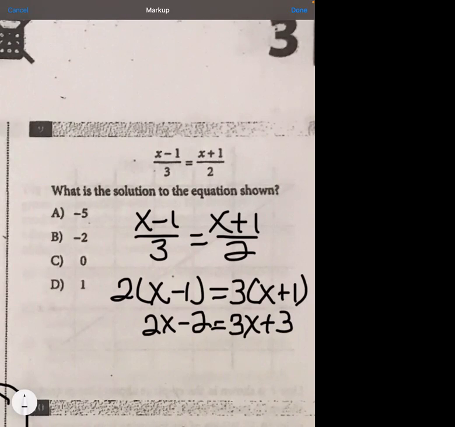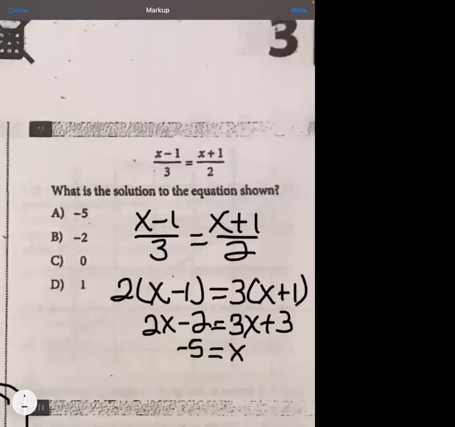After we simplify, we can move x to one side while moving the numbers to another. So we can subtract -2 from both sides, and then we could subtract 3 from both sides. And we'll get -5.